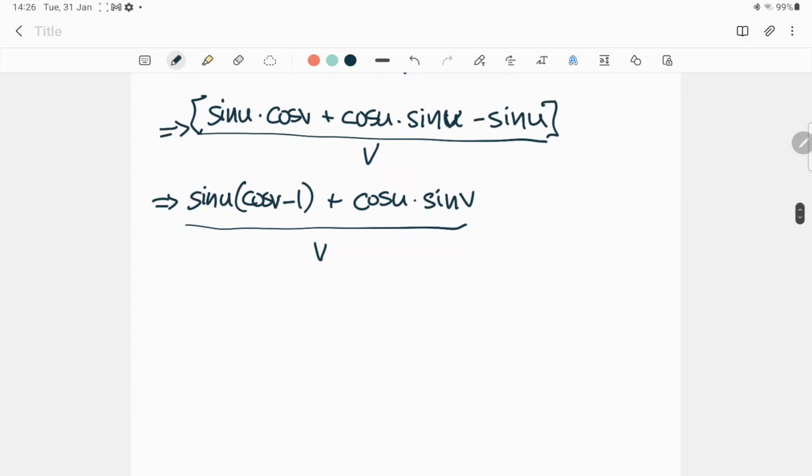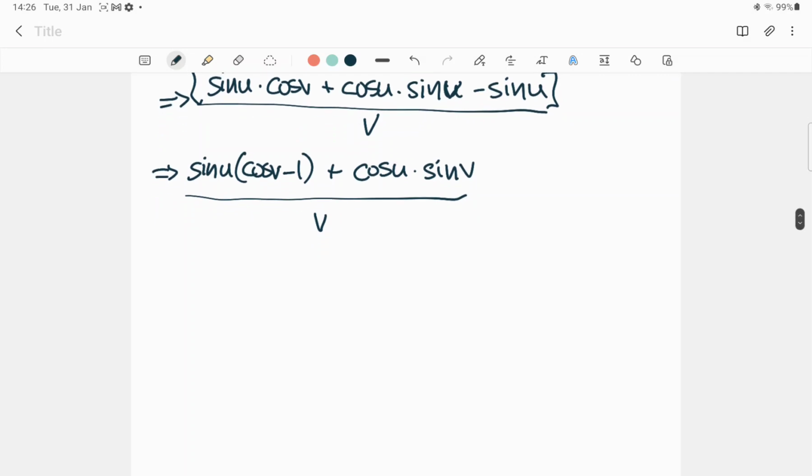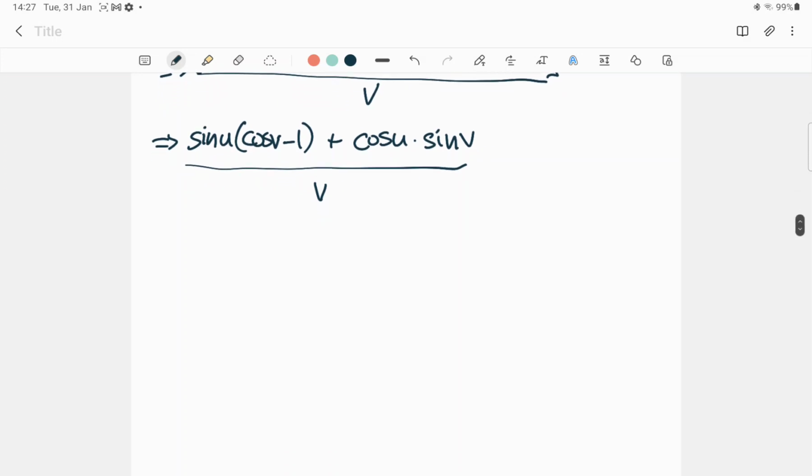Now, in the derivative, we want this v to be as small as possible. That's the whole idea behind derivation. So I am saying I'm taking the limit as v goes to 0. So it's not exactly 0, but it's 0.00000, etc. So I'm taking the limit of both sides of this, first of this, and then of this.